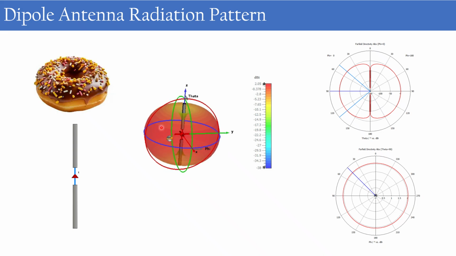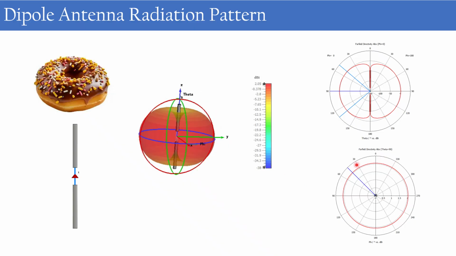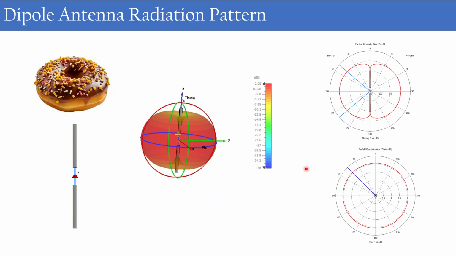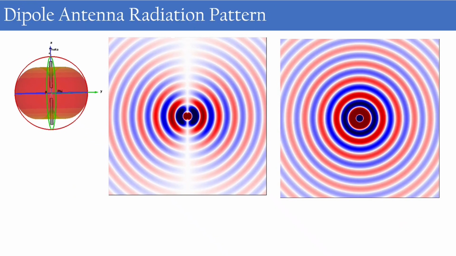So if we cut this radiation pattern along this red plane, we will get a pattern of 8. And if we cut this pattern along this blue plane, we will get a circle. So this is the dipole antenna radiation pattern, which is omnidirectional.